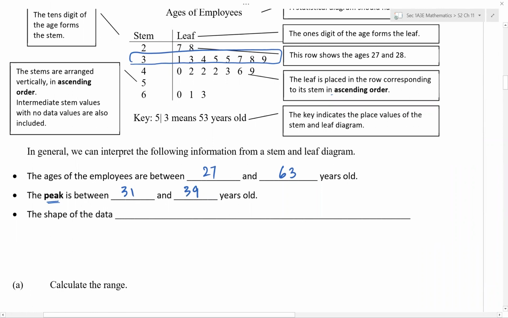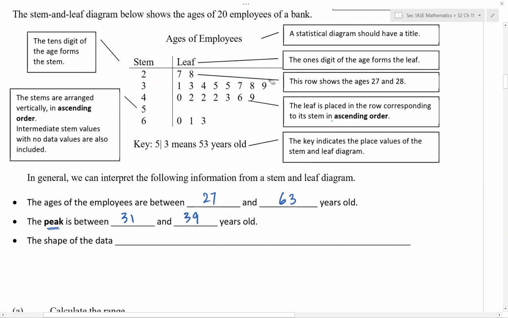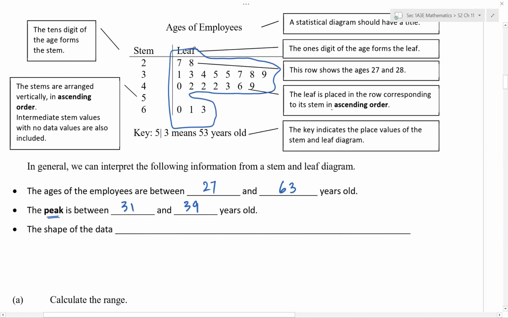Now the shape of the data, literally talking about the shape. So we focus on this shape. There are 2 points that we can make over here. First point, the shape of the data is uneven, unevenly distributed.